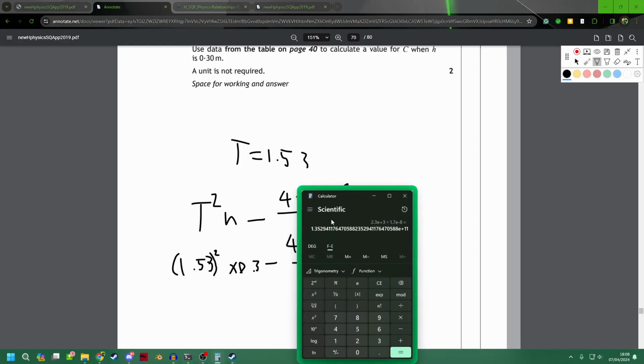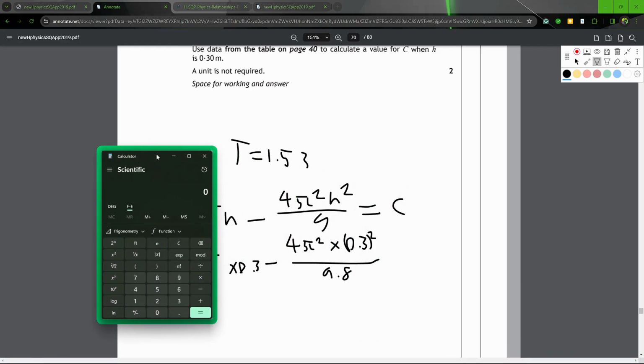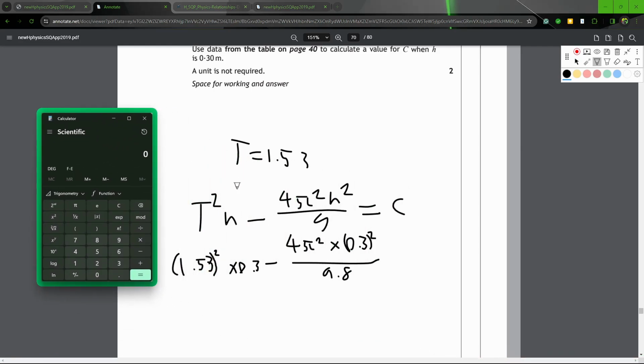So after we finish this monster of a calculation, we are free. Right, and now we're going to shove it into our calculator. There we go, so that's the first bit. Making sure I got all my brackets in there.